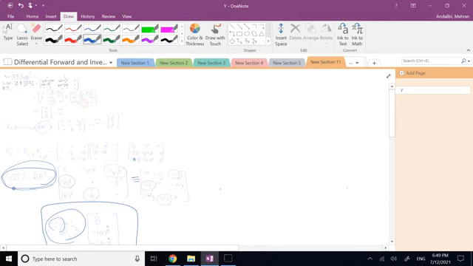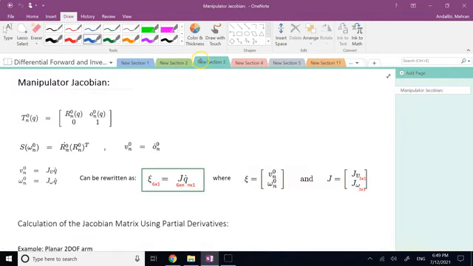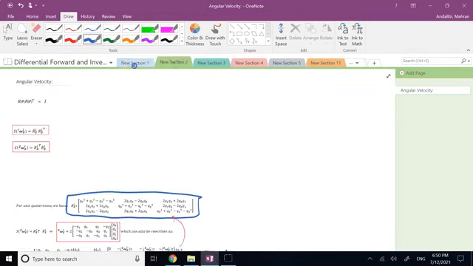This is the first step toward finding the complete set of velocities of the end effector, because you'll see that the end effector has two sets of velocities, linear velocities and angular velocities. Okay, and we described the angular velocity for you here. Linear velocity, I guess everybody knows from physics or dynamics. It's the way that we describe angular velocities in matrix notation and related to the rotation matrices.